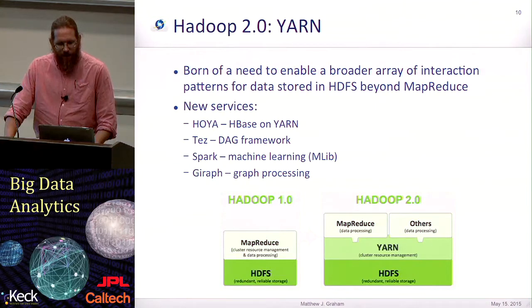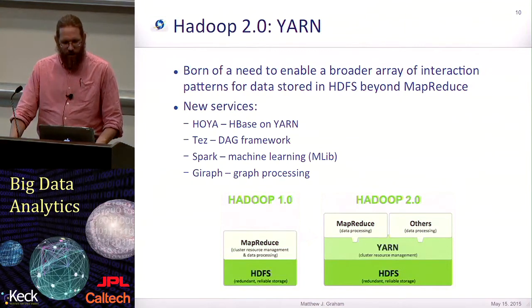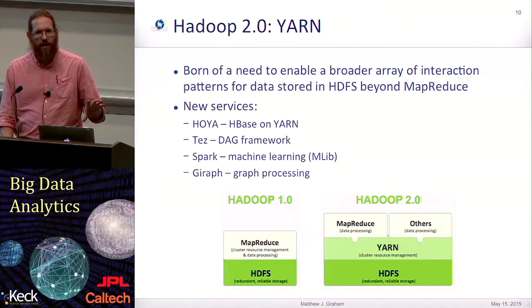It's based on top of HDFS as the distributed file system underneath, and then you have Yarn, which sits as a layer on top.